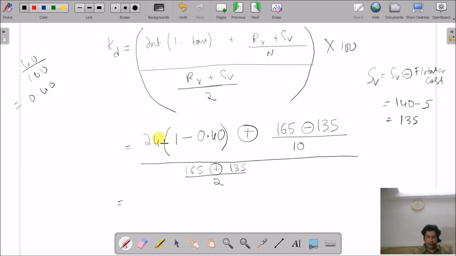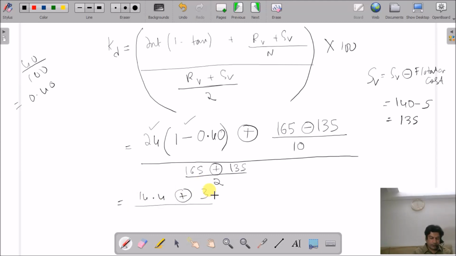So I'm solving it. 24 I'll multiply by 0.6, so I'll get 14.4, plus 165 minus 135 divided by 10, so I'll be getting 3.